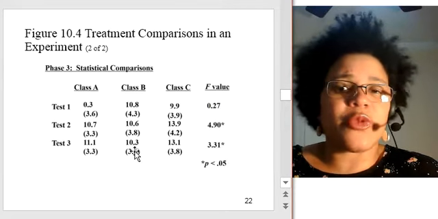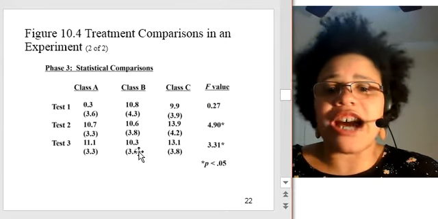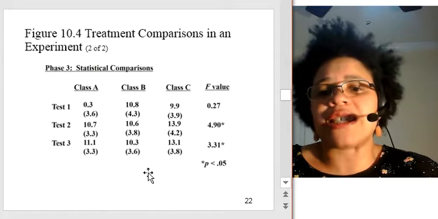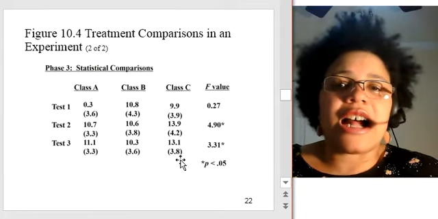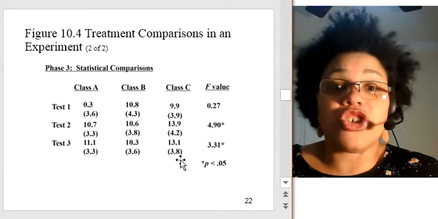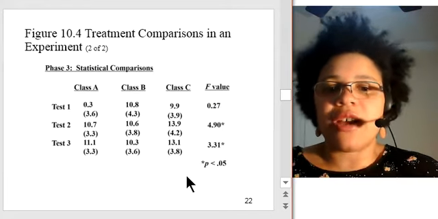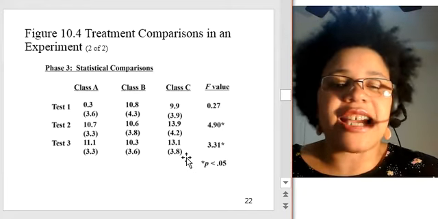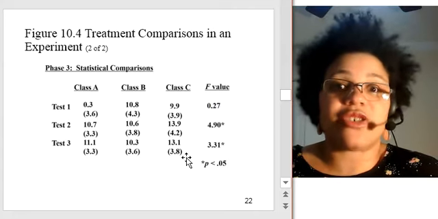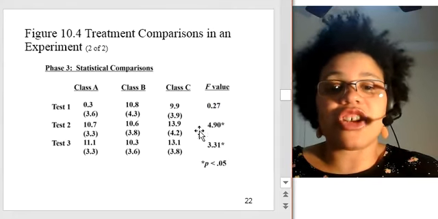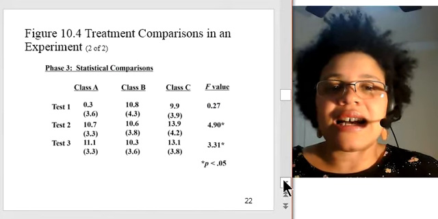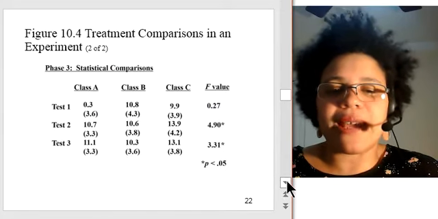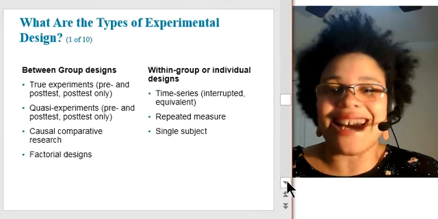The class that got the reduced word list, maybe by the third test they're getting 10 words correct. The class that got your new error correction procedure, maybe on average on the third test they got 13 words correct. Okay, and then you're going to be using some kind of statistical test to see what kind of conclusions you may be able to draw from that. And we're going to be learning all about that.